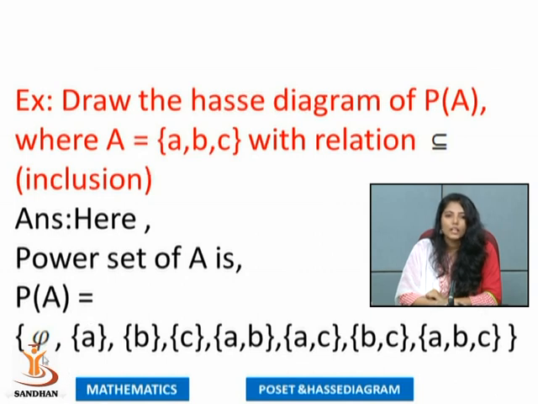It always contains one element, phi, the empty set. Then singleton sets {a}, {b} and {c}. Then two-element sets {a,b}, {a,c} and {b,c}. And the last element is {a,b,c}. So here we have this many elements in the power set of A.